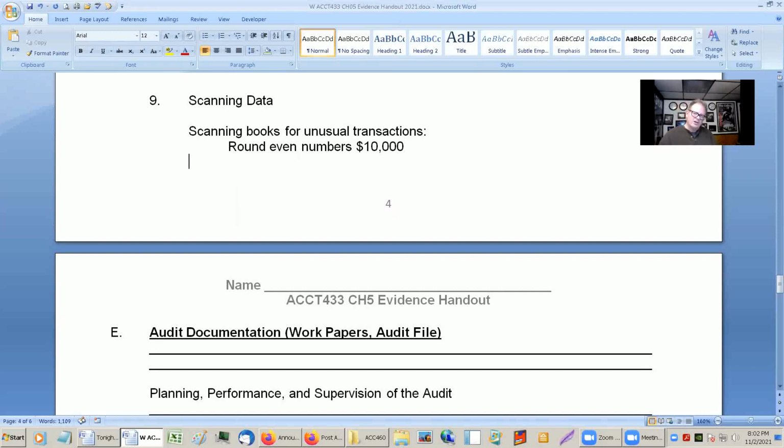Another thing you look for are transactions that are not routine. For example, a sale that isn't in a sales journal.